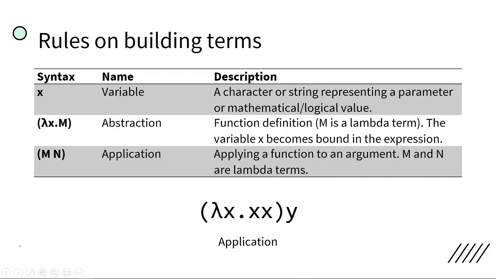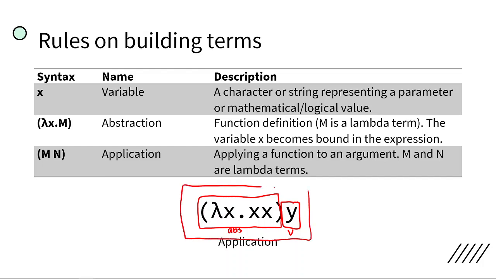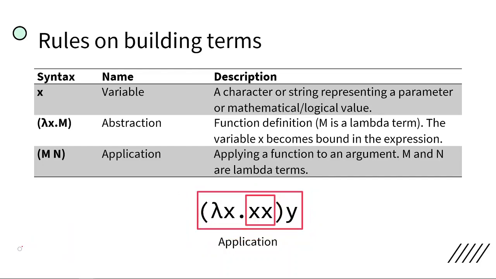Next. Y is a variable. And then kani siya, if you can remember, this is an abstraction. Then abstraction is a term, di ba? Therefore, kani siya as a whole is an application. I hope that's clear. Naay questions about this? Anyone? Wala? Okay.